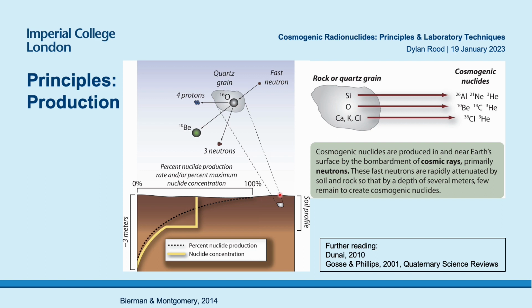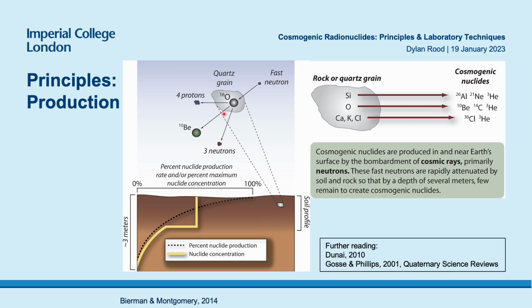So in this case, we have a cross-sectional representation of the Earth's surface here. A quartz grain sitting near Earth's surface has an oxygen-16 atom in its crystal lattice. One of those high-energy fast neutrons interacts with the nucleus and causes what's called a spallation reaction, where the nucleus is actually blown apart, and what is produced is a beryllium-10 atom, which is the cosmogenic nuclide, and some subatomic particles.